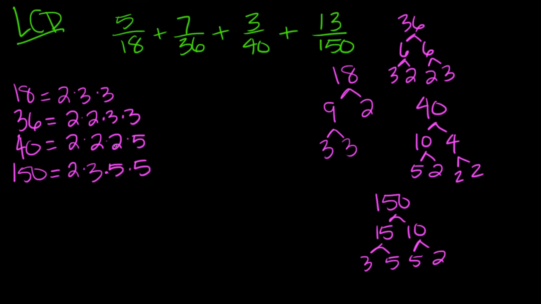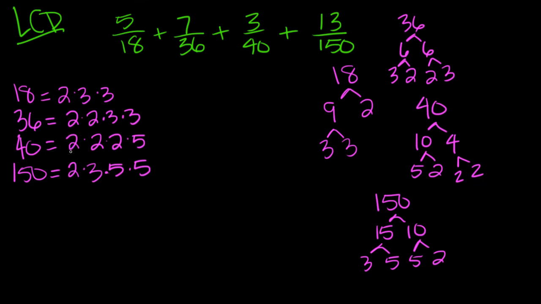So I'm going to find the way that all of those needed numbers are represented in my LCD. The way I do that is I look at how many times any given prime shows up, and the most amount of times. So how many 2's? Well, 18 has one 2, 36 has two 2's, 40 has three 2's, and 150 has one 2.